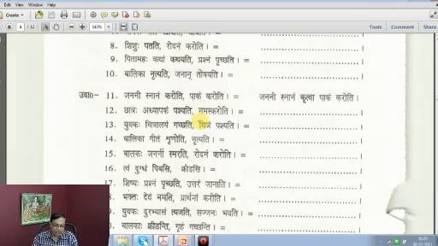Next one. Purvam Balaka Jananim Smarati. Paschat Rodanam Karoti. So first the boy remembers his mother and then he cries. This is children's mentality.